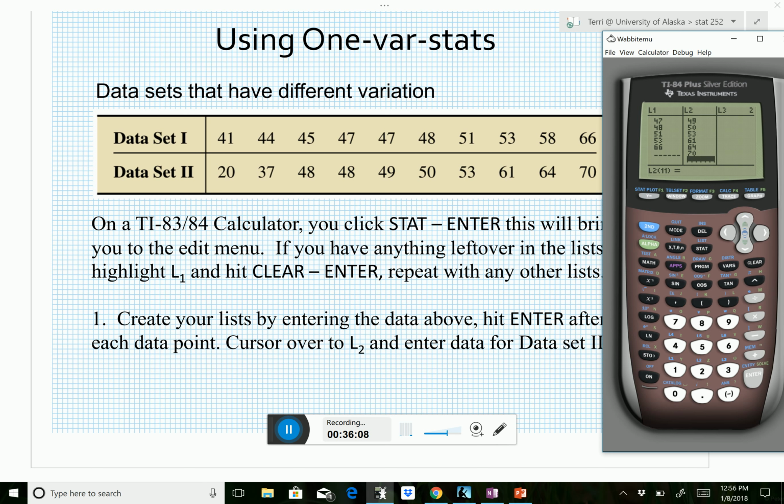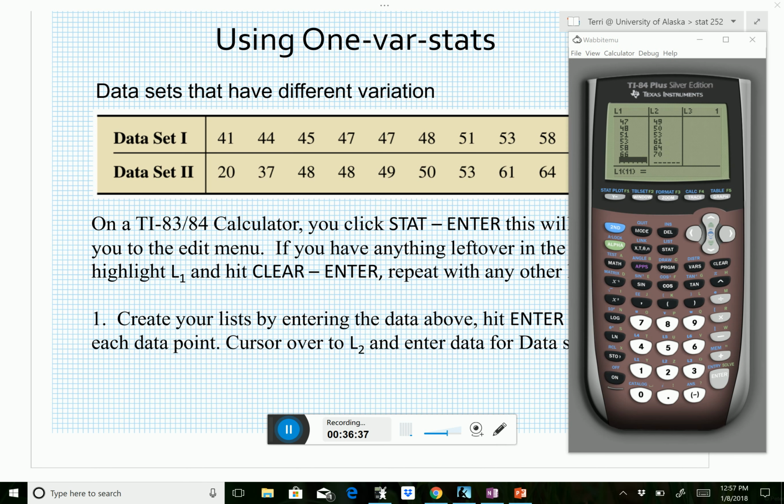Oop, I did 2 twenties. 70, 64, 61, 53, 50, 49, 48, 48, 37, 20. Huh. Oh, what did I miss over here? 48, 51. Okay, found my typo. I had forgotten the 58 right here. Okay, so now I have both of these lists in here.